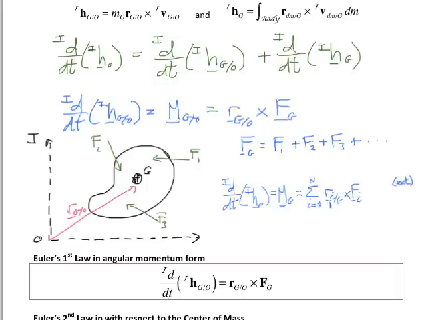And this is the moment due to each of these external forces that we have applied to the rigid body. And the position vector, r of i with respect to g, is showing us these position vectors. So this would be r of 1 with respect to g, r of 2 with respect to g, and this would be r of 3 with respect to g. That indicates the location at which each of these external forces is applied to the rigid body.